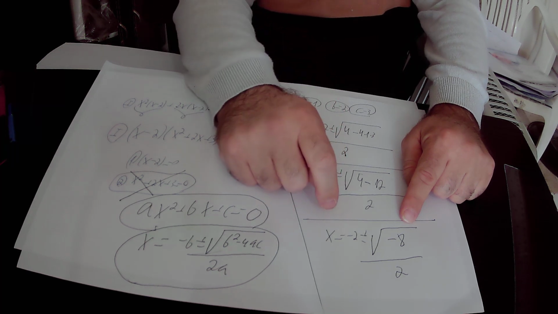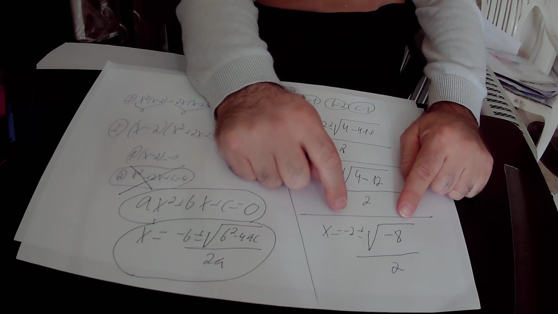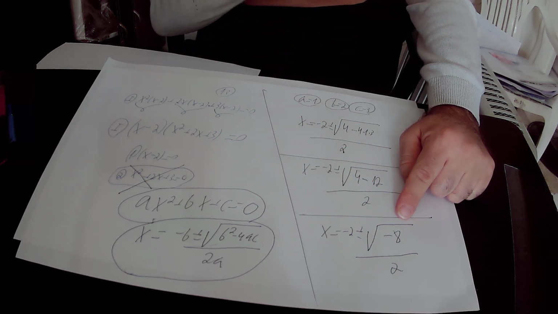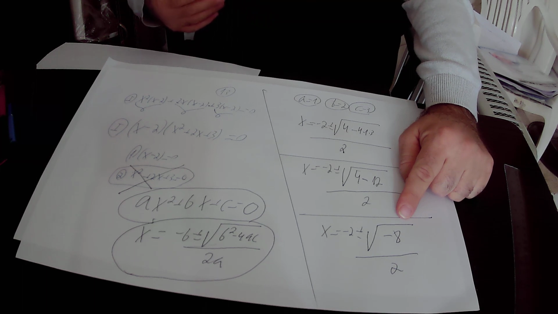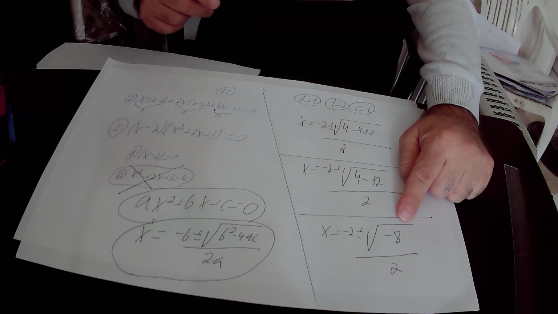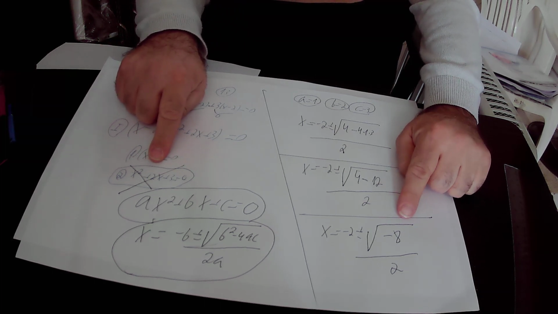So x equals minus 2 plus or minus the square root of minus 8, over 2. But minus 8 is a negative number, and a negative number doesn't have a real root, so we are stuck here. Therefore this quadratic equation doesn't have a solution.